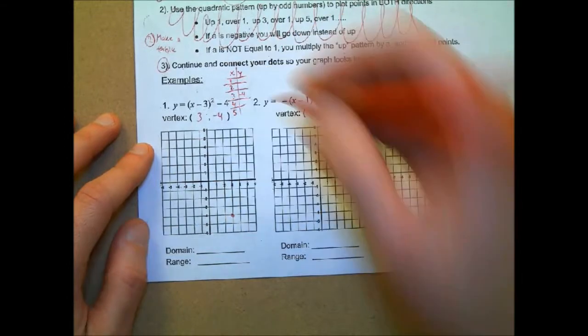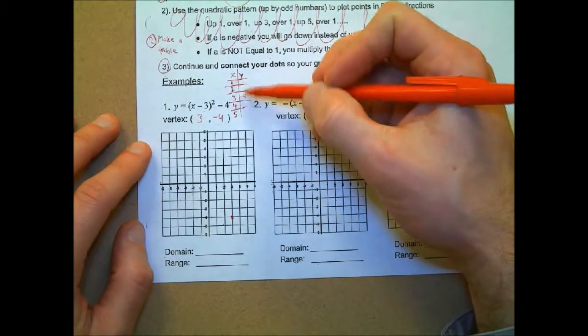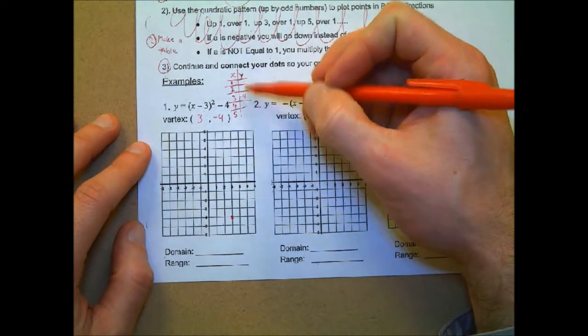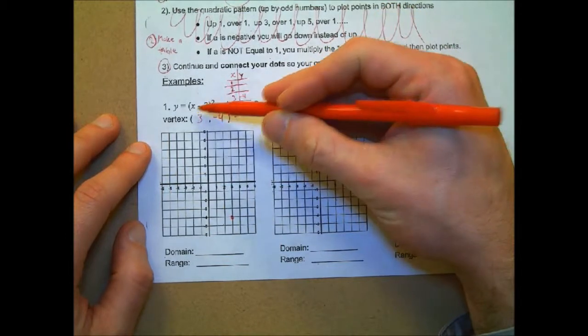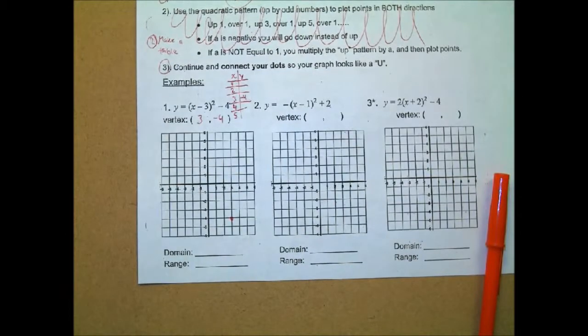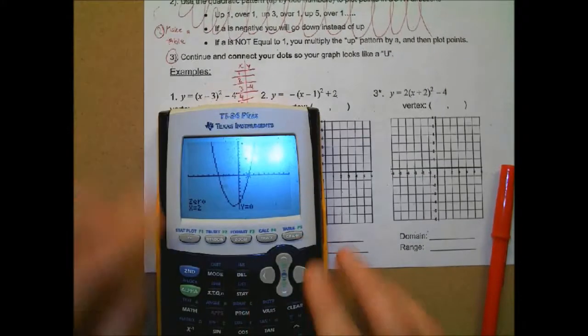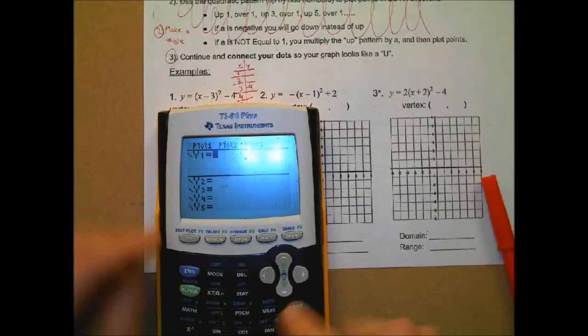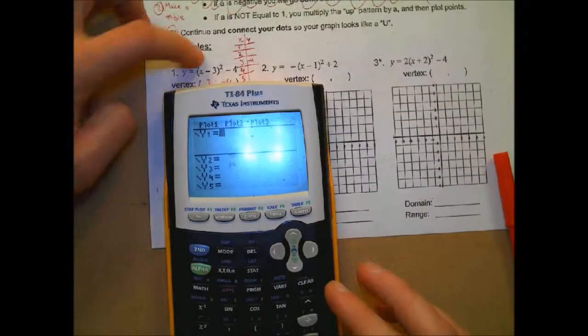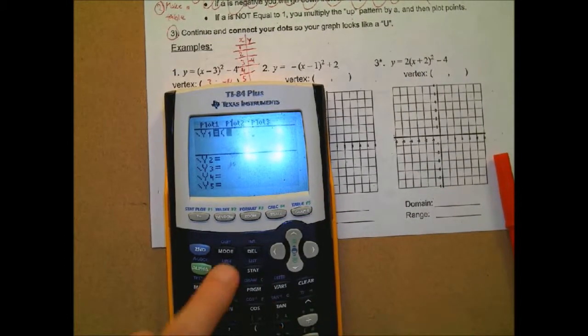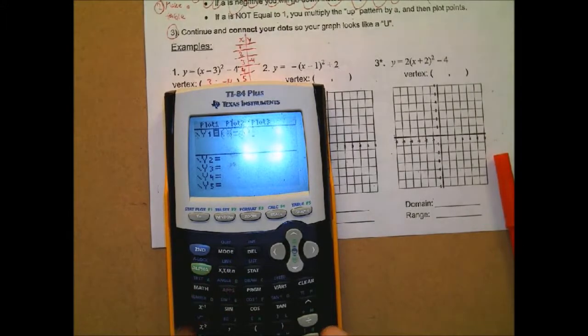How can we find the matching y values here? Plug in the x's and solve for the y's. I'm going to save us the time and just use the table on our graphing calculators. Clear out your y equals and type this in. Make sure you use parentheses: x minus 3 squared minus 4.